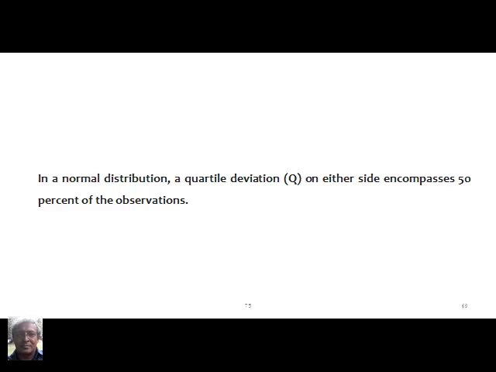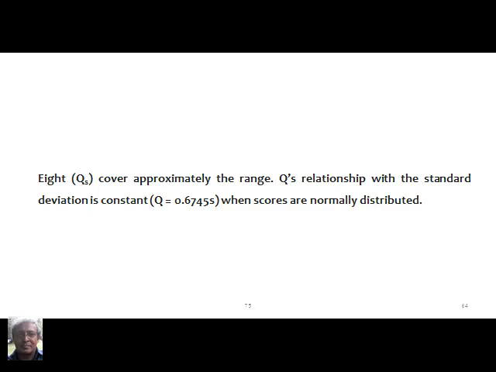In a normal distribution, a quartile deviation, Q, on either side of the median encompasses 50% of the observations. Eight Qs cover approximately the range. Q's relationship with the standard deviation is constant: Q equals 0.6745 s, when scores are normally distributed.